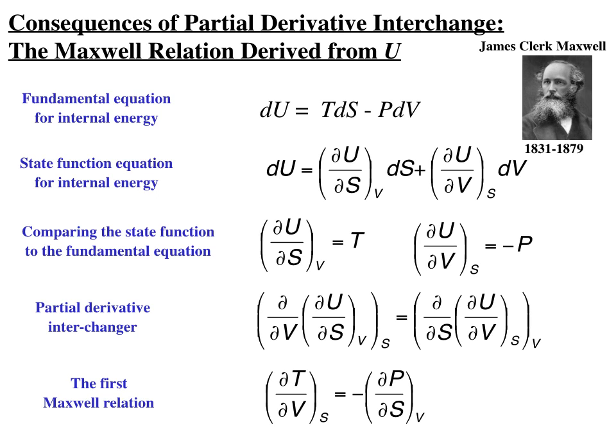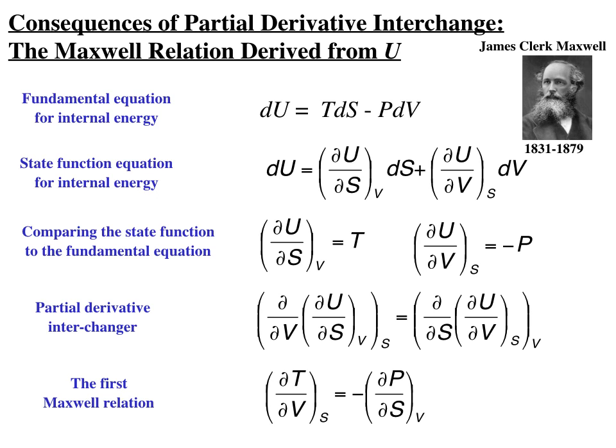If I now take the partial with respect to v of du/ds at fixed v, that has to be equal to the partial with respect to s of du/dv at fixed s.